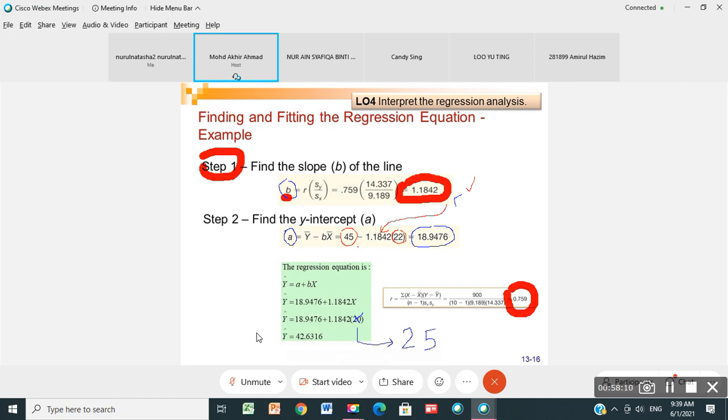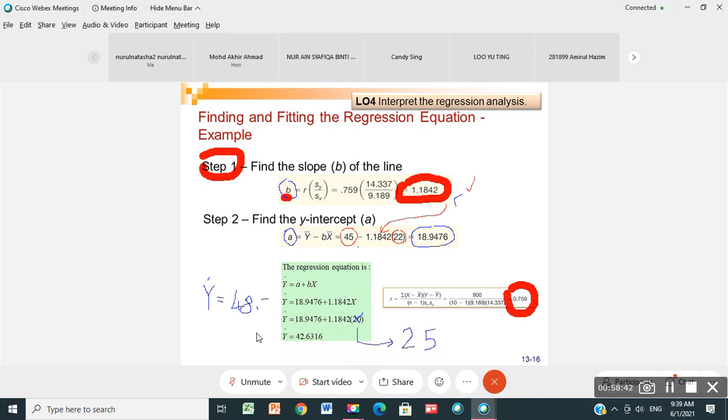Okey, jap. Okey, saya dapat 48.5526. That's why we get 48.5.